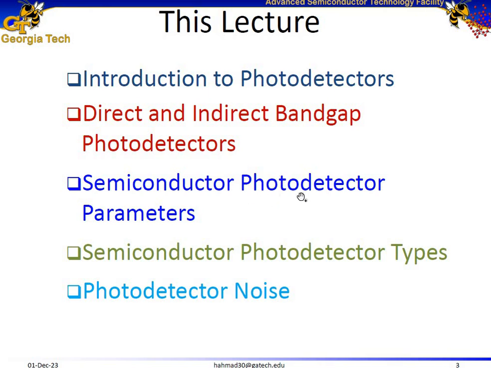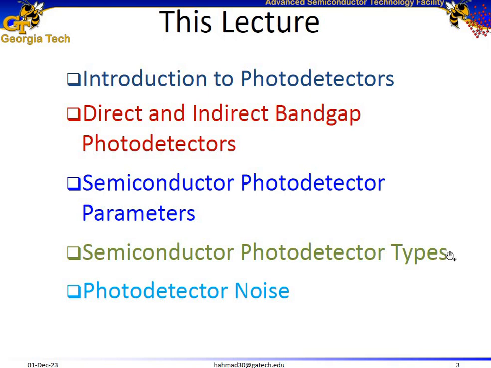Then we talked about semiconductor photodetector parameters, and we discussed some of the semiconductor photodetector types. So in the previous lecture, we mentioned photoconductor, PN photodetector, PIN photodetector, and we also discussed metal semiconductor metal photodetector.